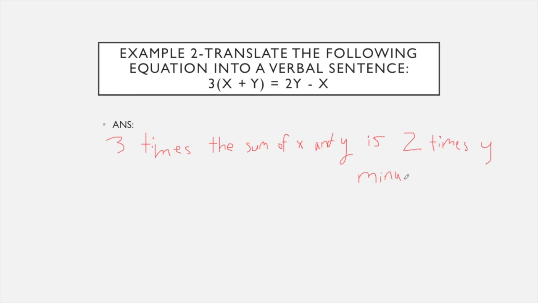So have this down for example 2 for our review. Take that equation, write out the words in a sentence. Everyone's pretty good at this, so I feel confident in your ability to do that on our exam and in your study guide.